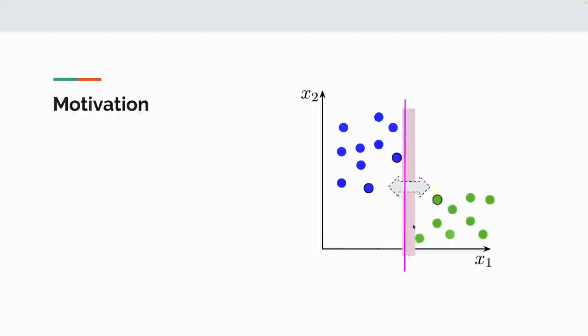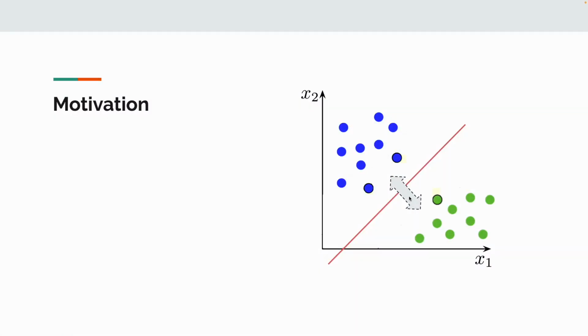So you are moving toward the data points, and when you touch at least one of the data points, you stop. That will give you a kind of rectangular region or a tube, whatever you call that, which we represented through this rectangle.